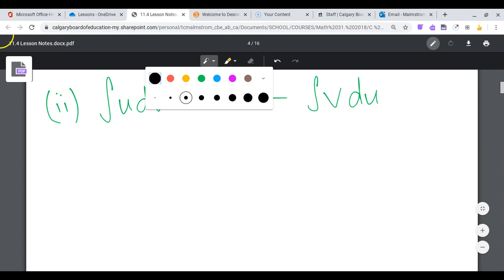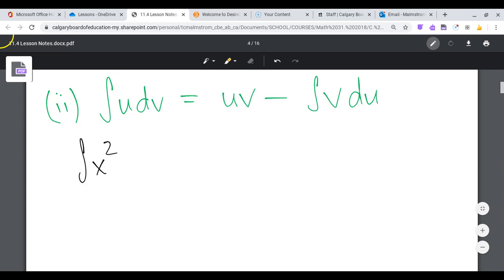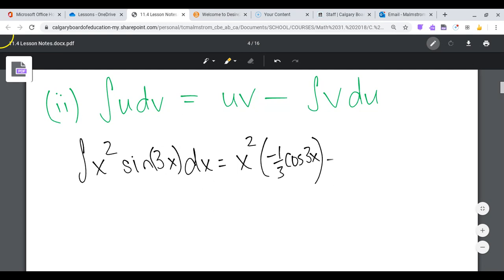So I am going to write this out as the integral of x squared sine 3x dx is equal to, I said u was x squared, and then the antiderivative of sine 3x is negative 1/3 cos 3x, minus what I'm going to have to integrate next, which is v, negative 1/3 cos 3x, multiplied by du, which happens to be 2x dx.